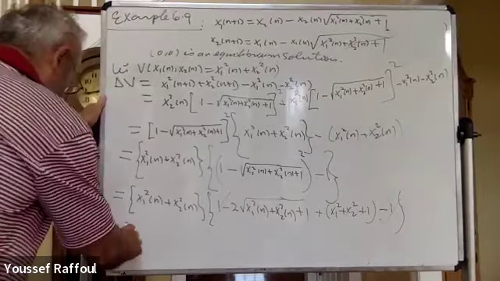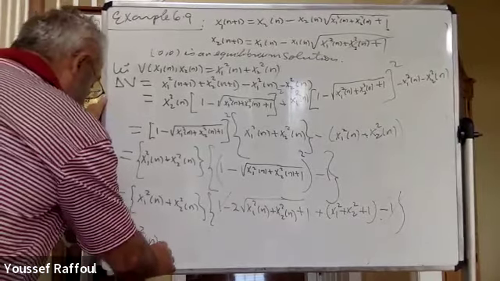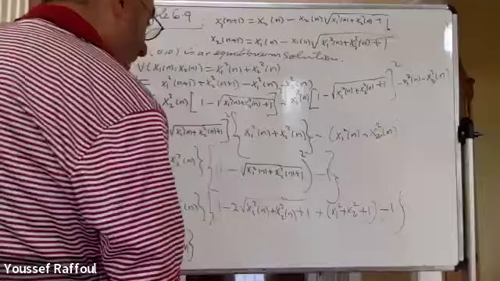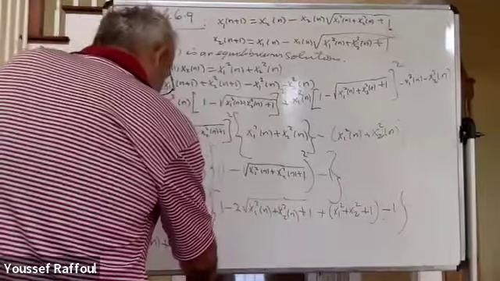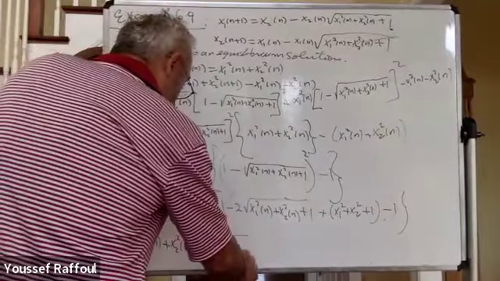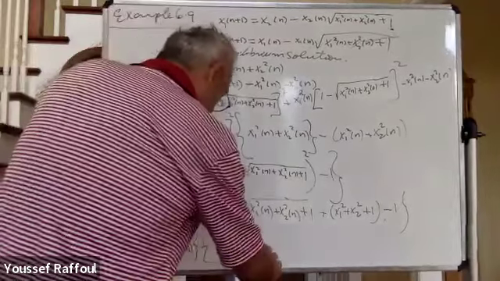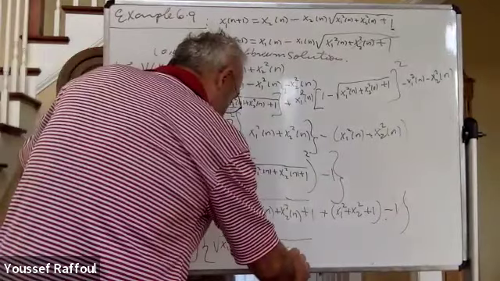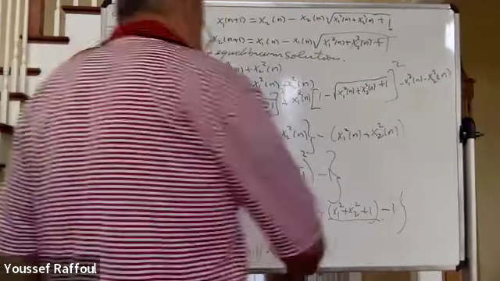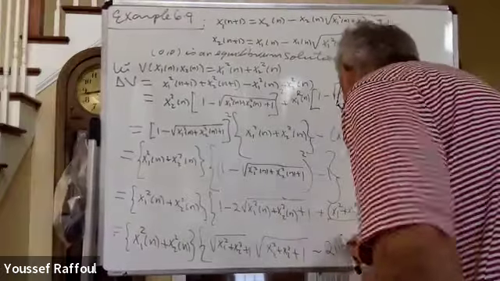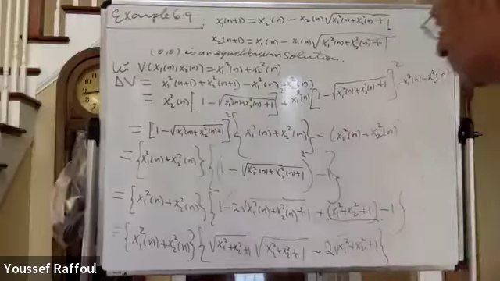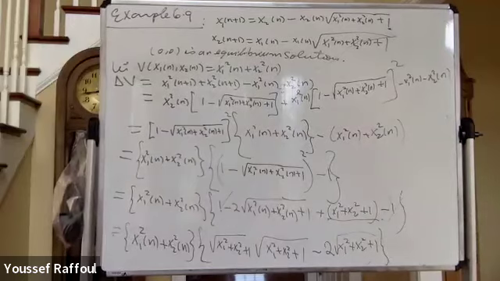So I am left with x1 squared of n plus x2 squared of n, and I'm going to have the square root of x1 squared plus x2 squared plus 1 times the square root of x1 squared plus x2 squared plus 1, that is this one here, and minus 2 times the square root of x1 squared plus x2 squared plus 1. See what I did? It's a clever way of writing this.